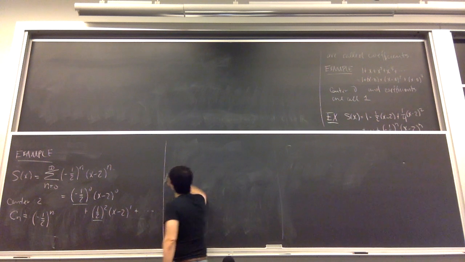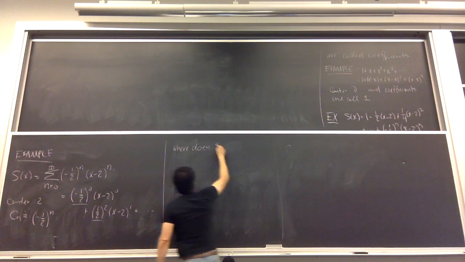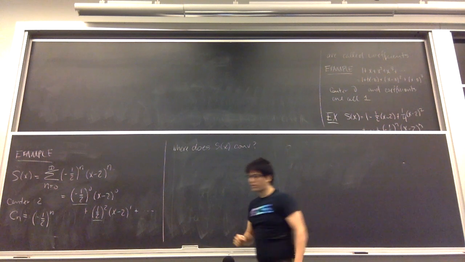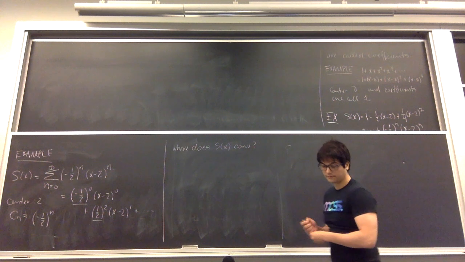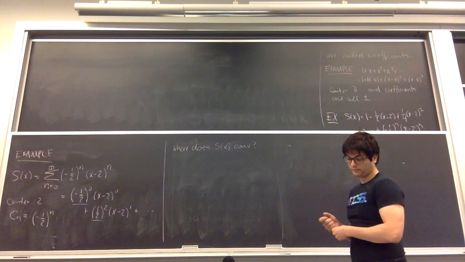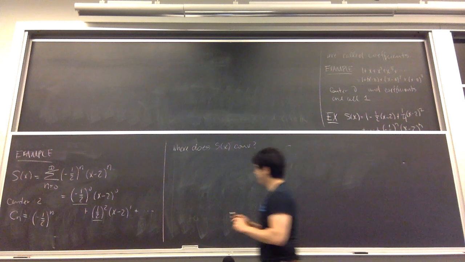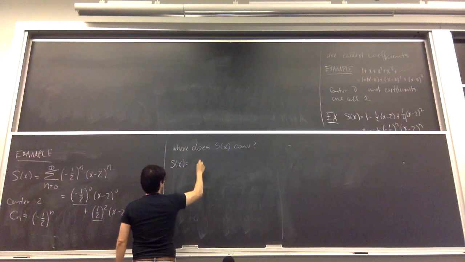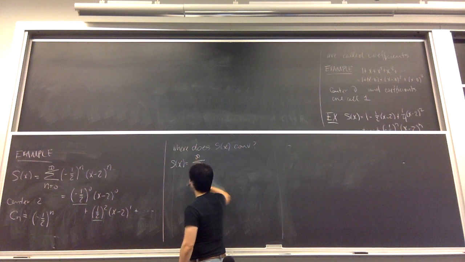Okay, so now the question is, where does S of x converge? How do you think we could go about doing this? Well, I want to point something out to you. I could rewrite this sum like this.